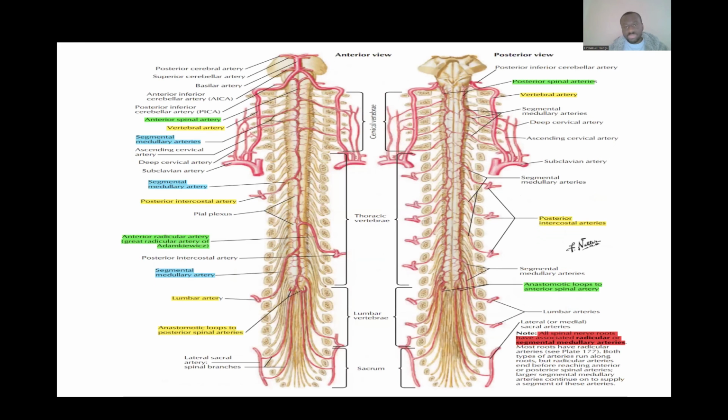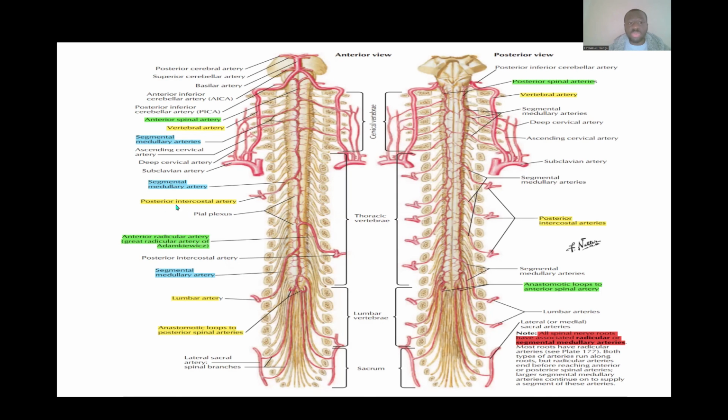So in summary, we have one anterior spinal artery and two posterior spinal arteries, and the three spinal arteries arise from your vertebral arteries, which are branches of the first part of your subclavian arteries. We also have supporting blood supplies from the thoracic and lumbar arteries.